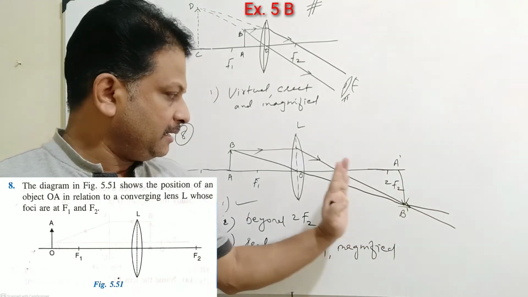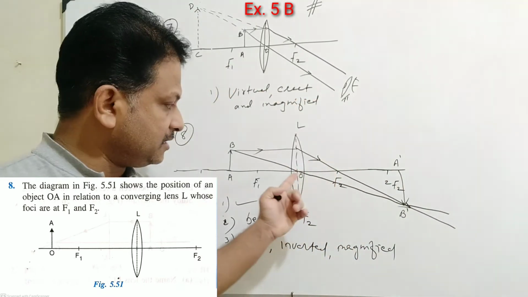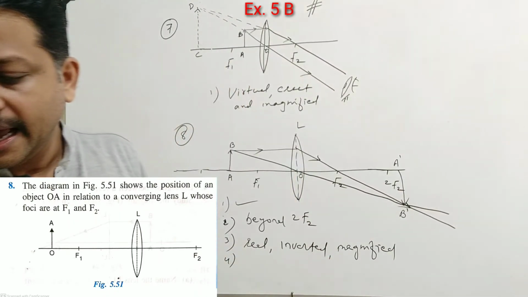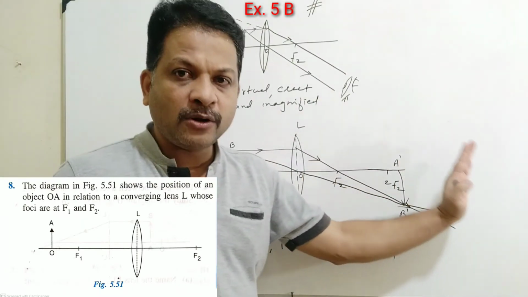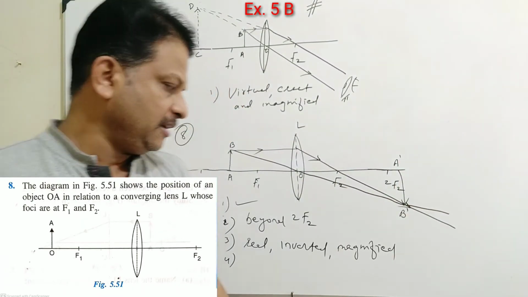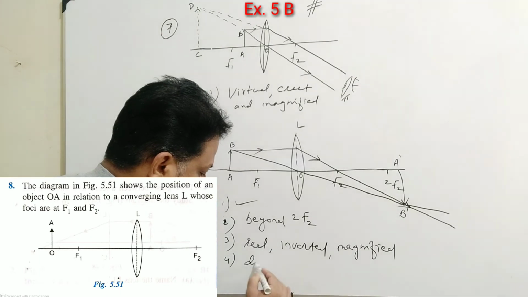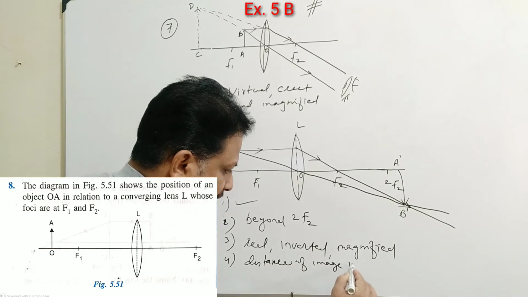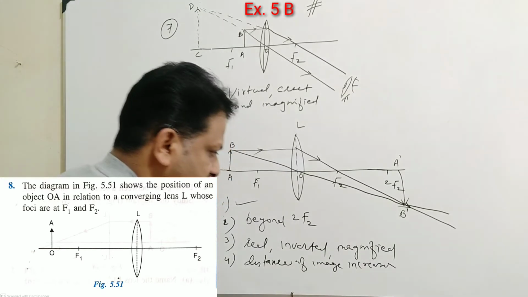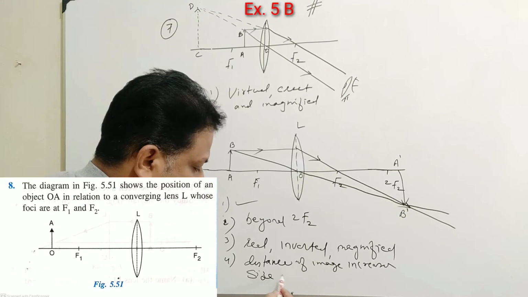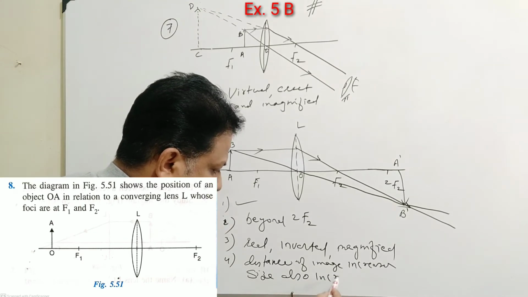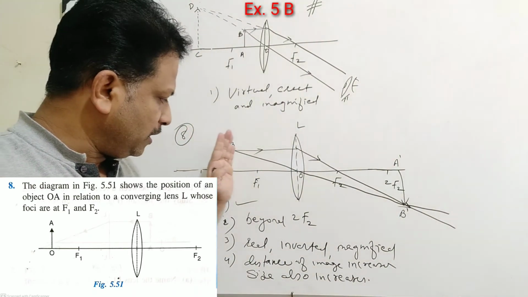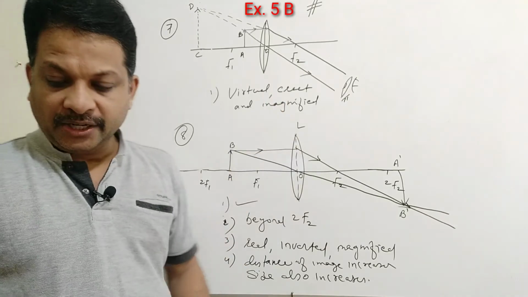The distance of the image from the lens goes on increasing as you are bringing the object closer to the lens, and the size of the image also increases slightly. So distance of image increases, and size also increases when you are moving the object towards f1. Clear? The points are clear to you?